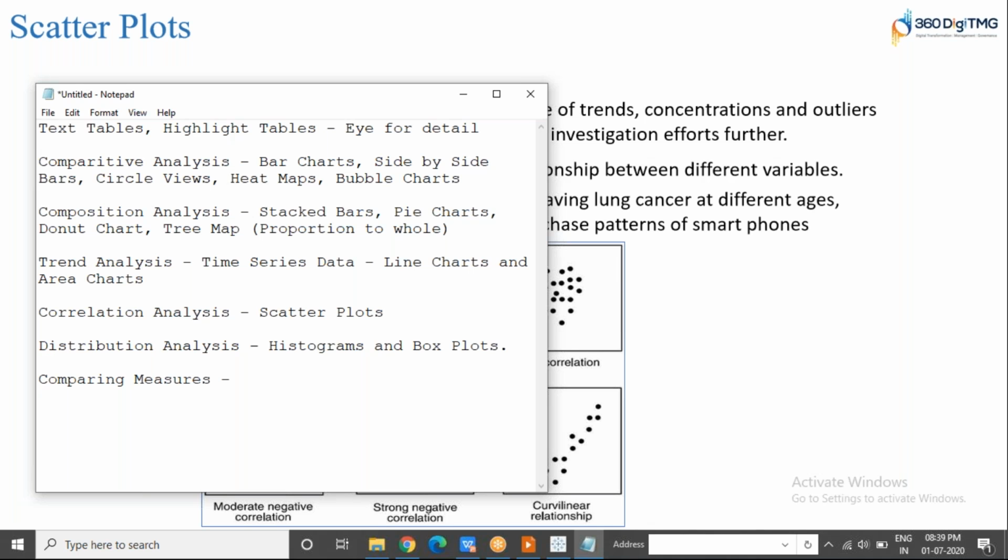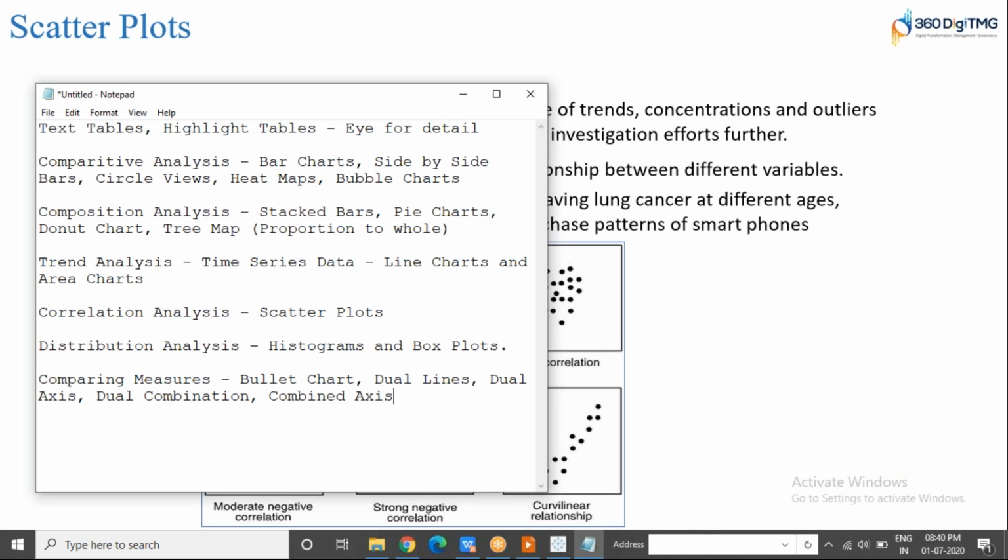Here we can use what we saw, the bullet chart, dual lines or dual axis, dual combination, and combined axis. So these are all the different types of charts that we have learned so far.